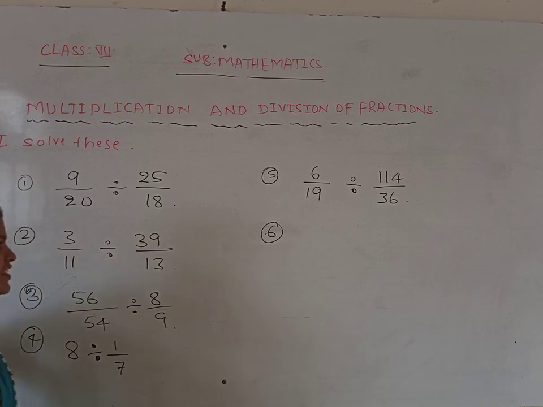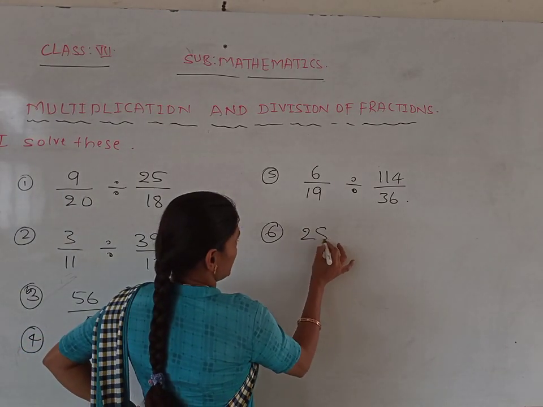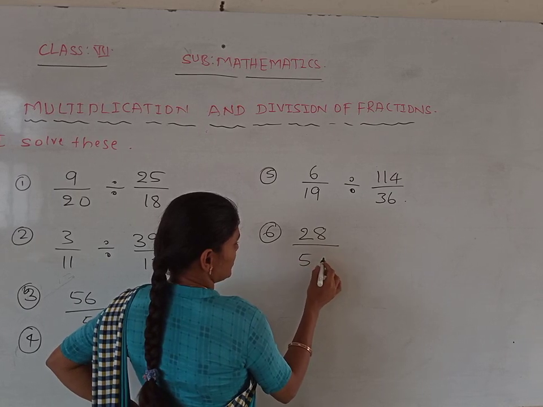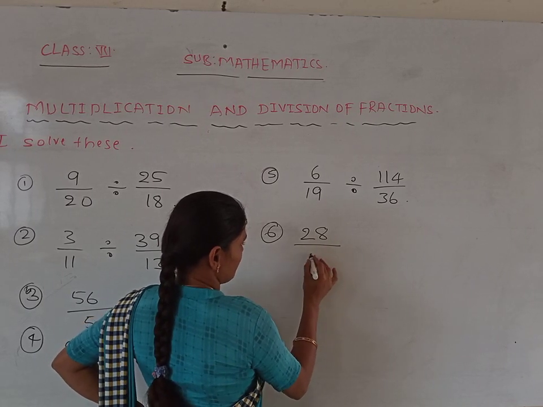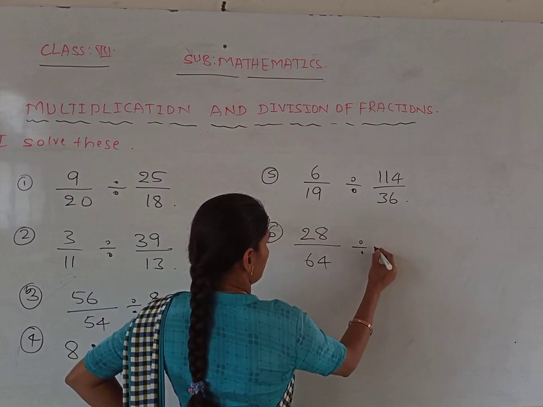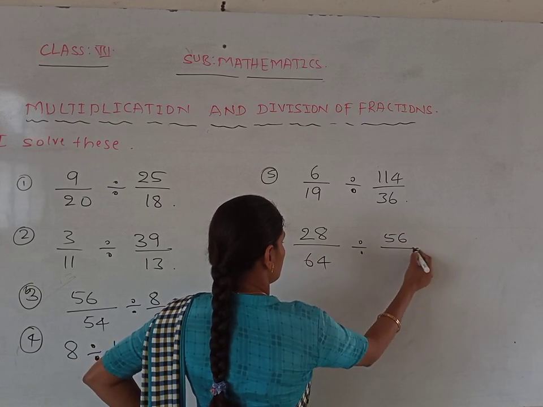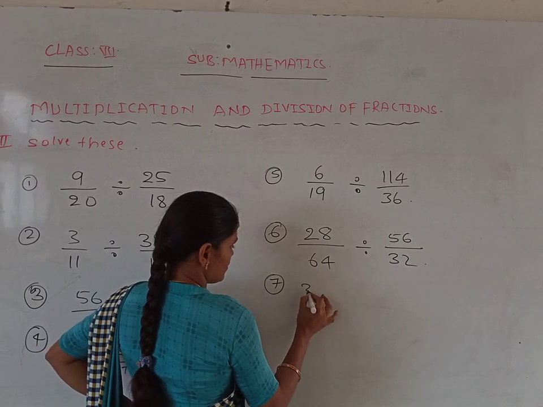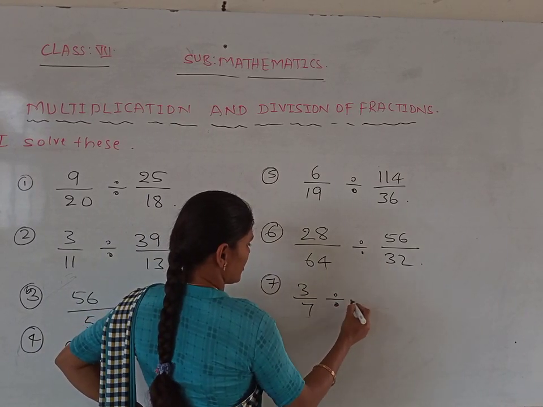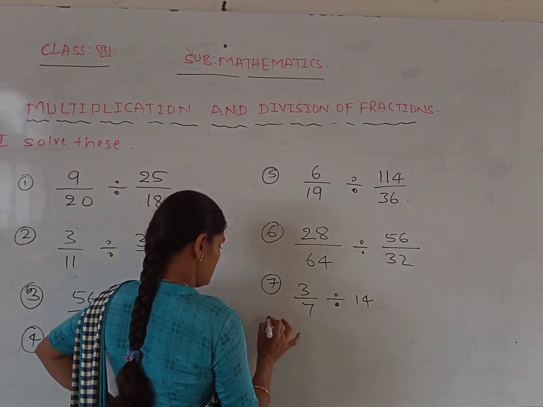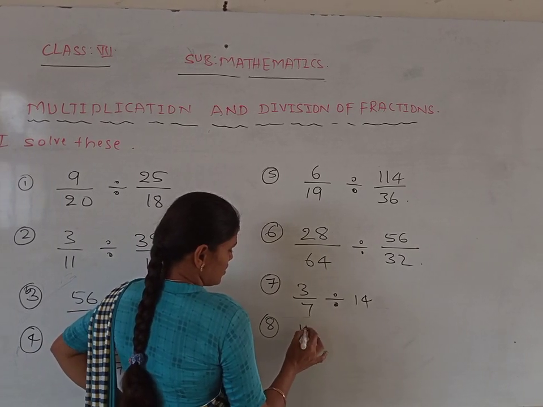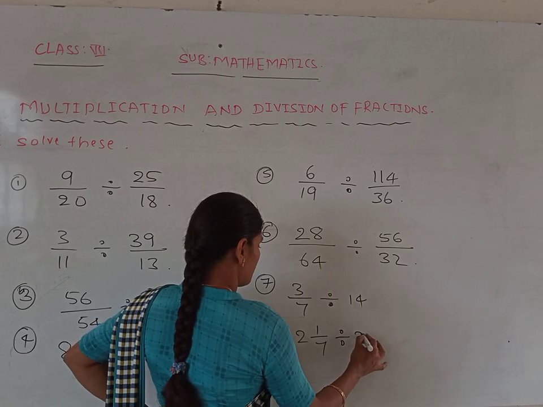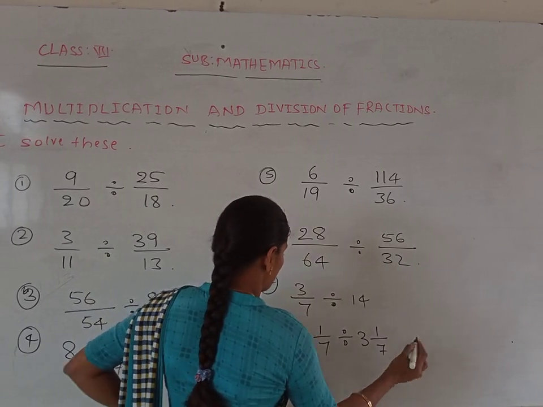Next one, sixth one, 28 divided by 64, whole divided by 56 by 30. Next, 3 by 7 divided by 14. Next one, 2 integer 1 by 7 divided by 3 integer 1 by 7.